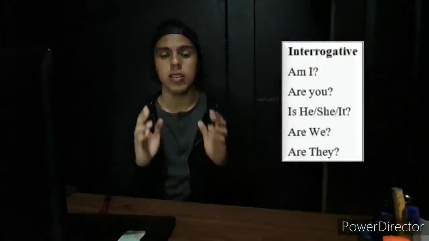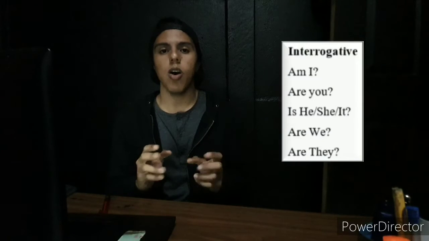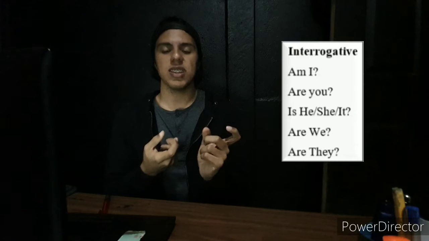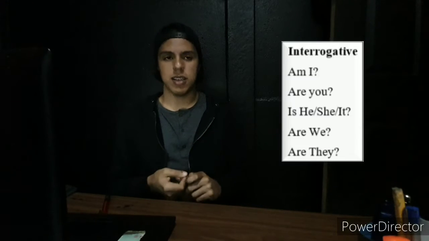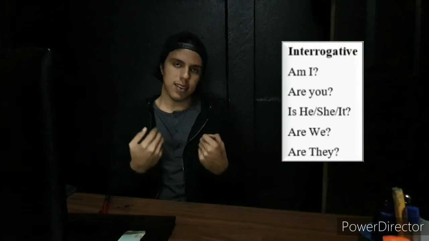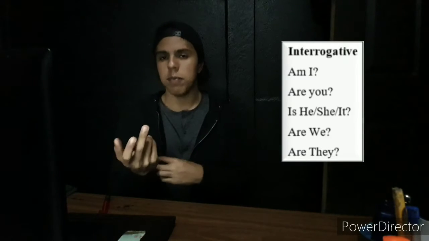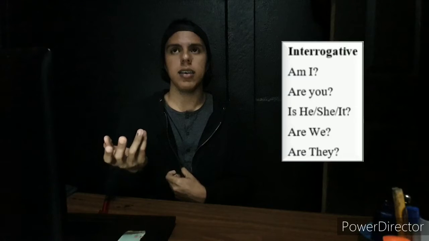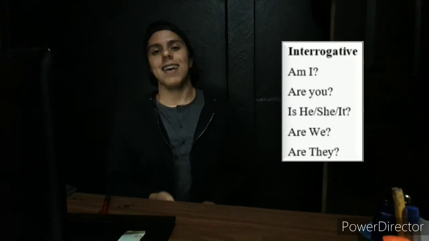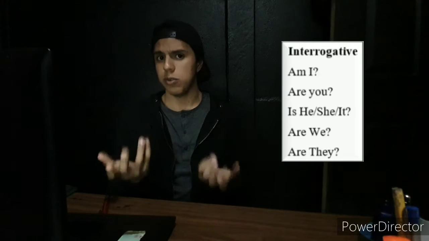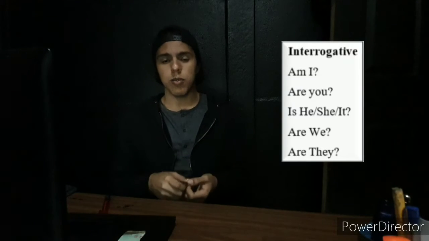Now, talking about the interrogative form of the verb to be, all we have to do is switch the position of the subject and the verb, right? For example, instead of saying I am, we say am I, like am I insane or something like that. Then instead of you are, are you okay? Right?